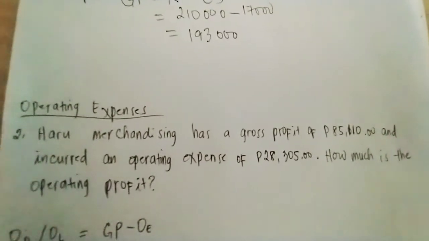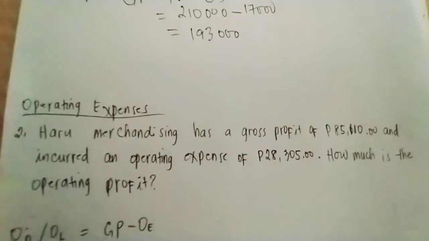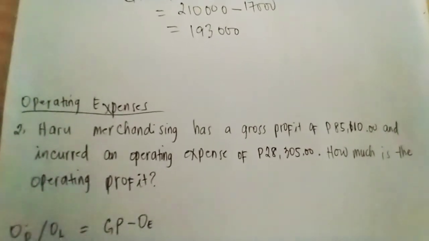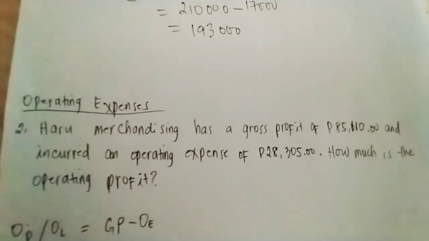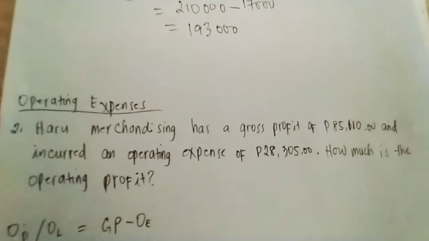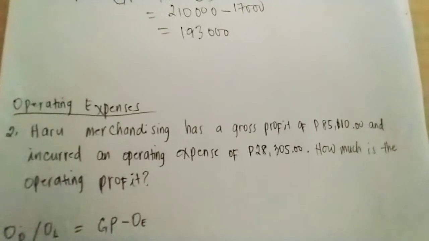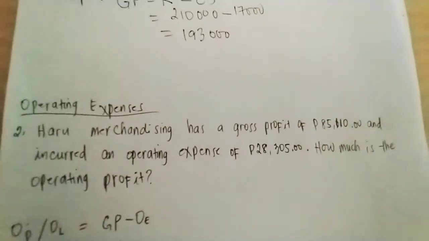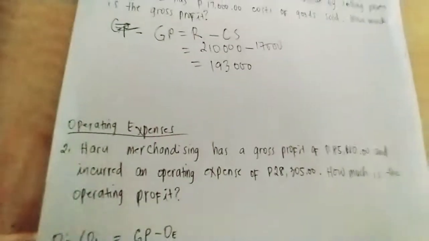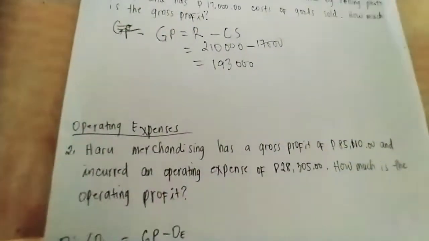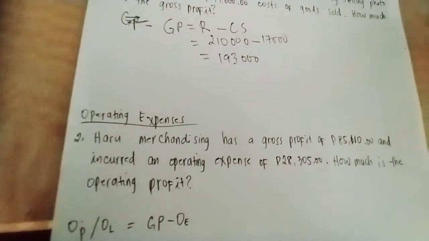At saka yung mga processing fee, lalo na sa mga loan institutions. Okay? Halimbawa ng mga processing fee, meron kang nag-loan ka, so magbabayad ka ng, halimbawa, sa loan mo 100,000, meron kang processing fee na 300 pesos, bukod pa yung interest, no? So, yun, and many more. Yun yung mga operating expenses.